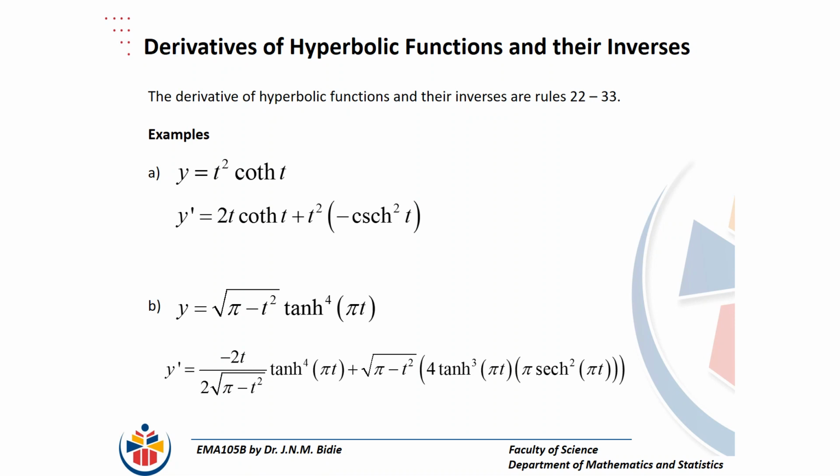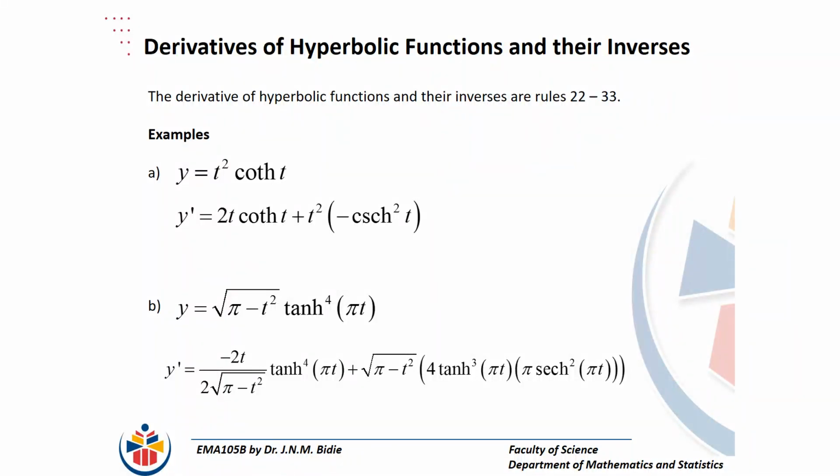So that means you'll have 1 over 2 square root of pi minus t squared multiplied by the derivative of the argument of the square root, which will be negative 2t, because you know the derivative of pi is 0. Hence, we have negative 2t divided by 2 square root of pi minus t squared multiplied by the second function as it is, plus the first function as it is multiplied by the derivative of the second function.